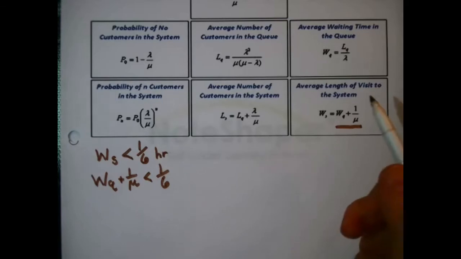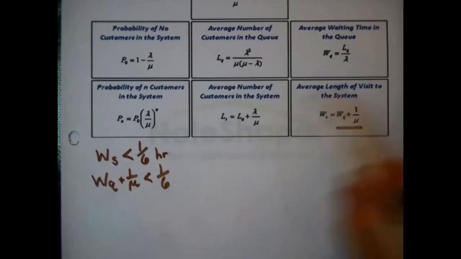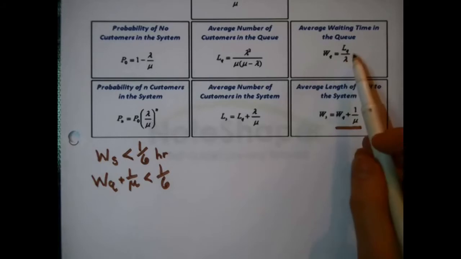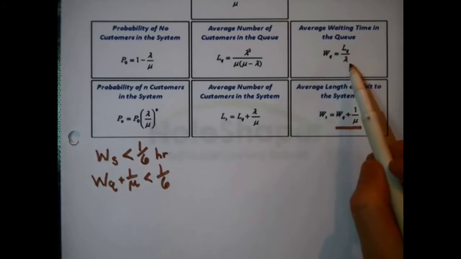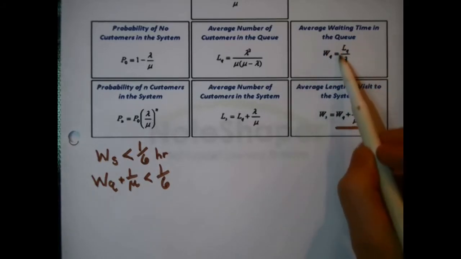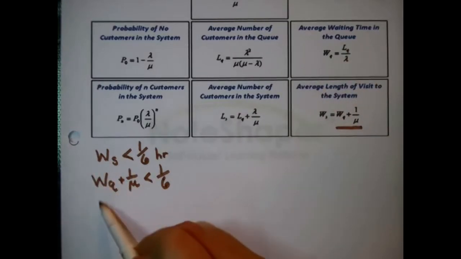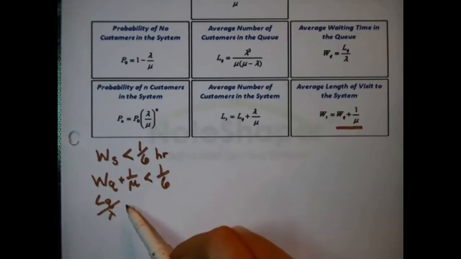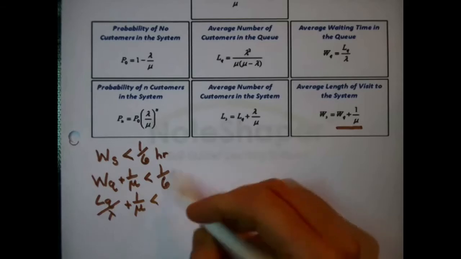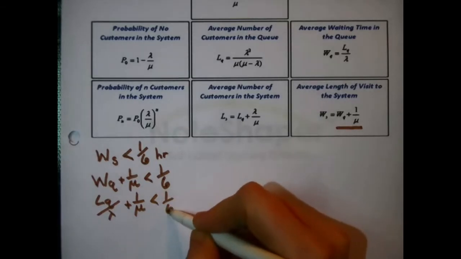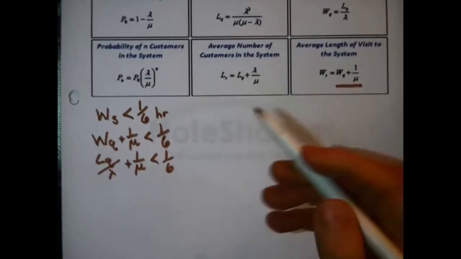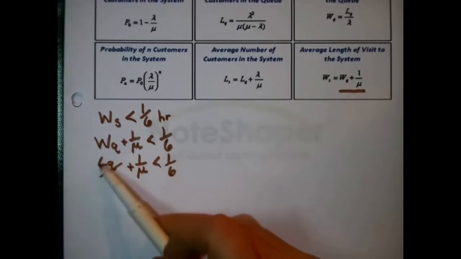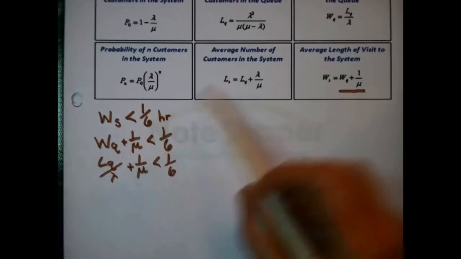Now, WQ, from the formula sheet, is LQ over lambda. I am going to substitute that in here: instead of WQ, I write LQ divided by lambda, plus 1 over mu. They'll be happy if that is less than 1/6. And LQ by itself is a formula, you see it right here.